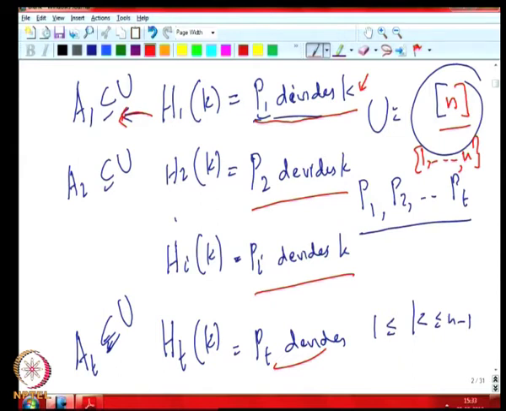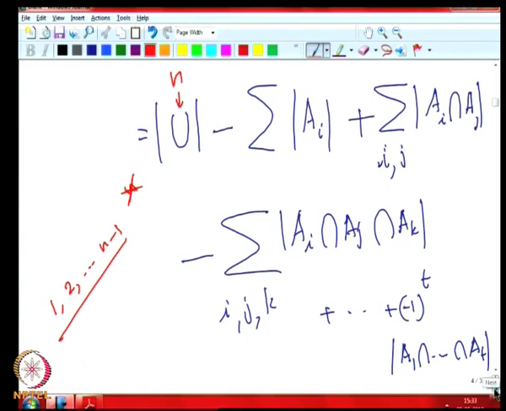There it makes a little difference, because if you define the universe as 1 to n minus 1 only, then n cannot be in this set. That will change the numbers and make the manipulation more complicated. Therefore, we define U as n, so that n also will be in each of these Ai's. So this will be taken as n now.